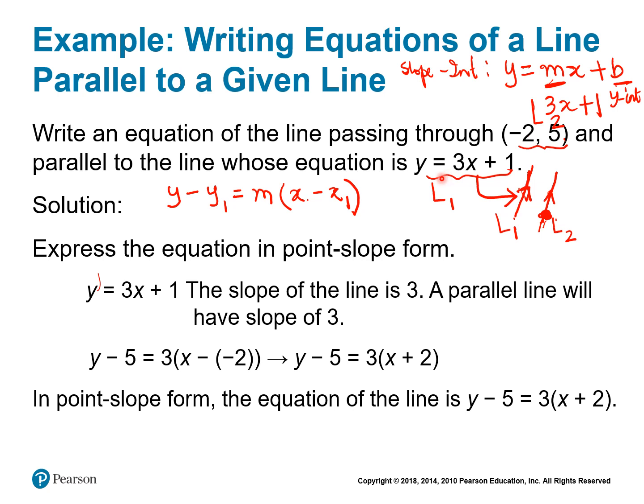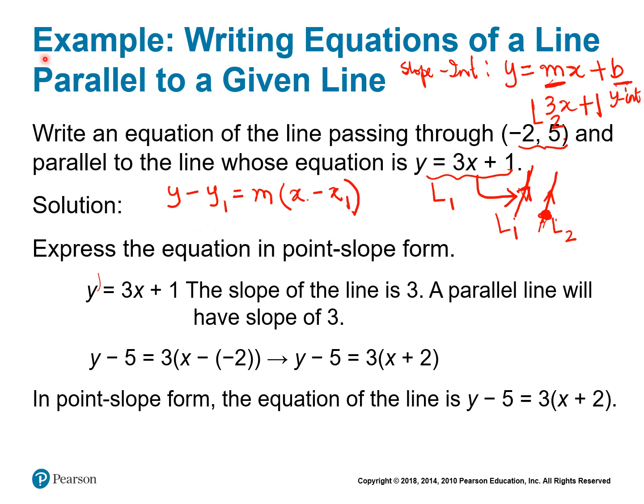And because the lines are parallel, we can use the same slope value for line 2 as well, because remember, by the slope property of parallel lines, the slope will always be the same for parallel lines. So if line 1 has a slope of 3, then line 2 is also going to have a slope of 3.